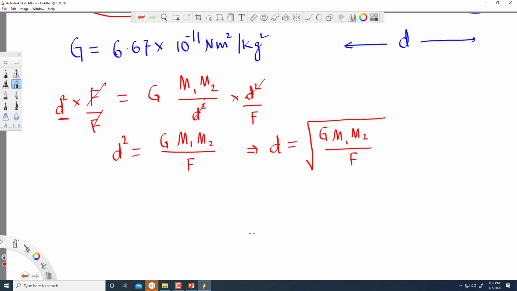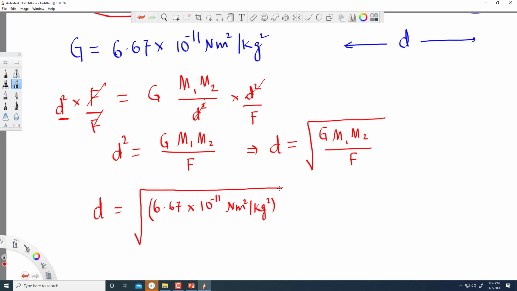So now let's find d. So square root, plug in the values. G is 6.67 times 10 to negative 11 Newton meter squared per kilogram squared. That's the value of G. The value of mass M1 is 6,000.